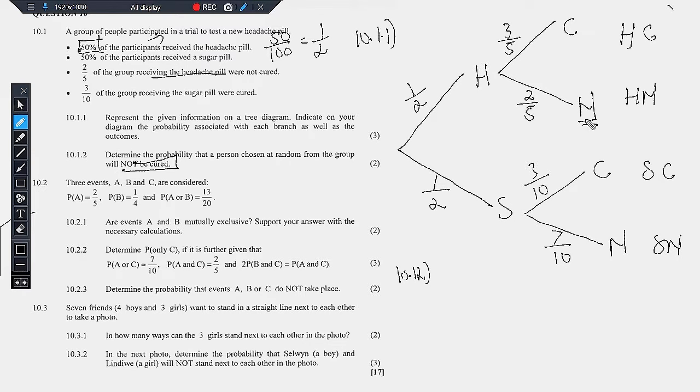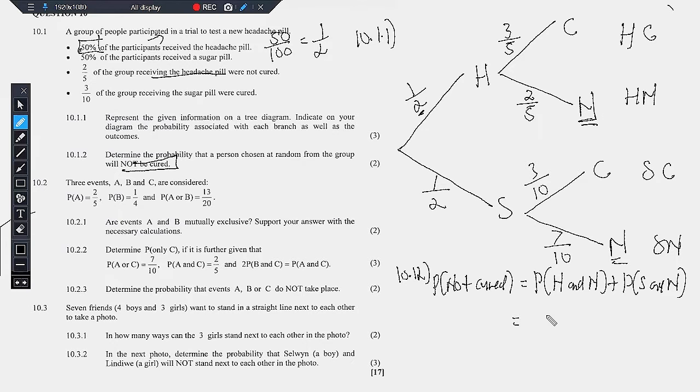Then that's not cured and then not cured. But obviously we have to take it along with the first event. So the probability of not cured is the probability of taking the headache pill and not cured, plus the probability of taking the sugar pill and not cured, right?